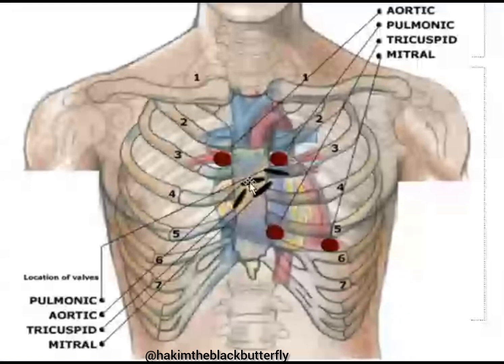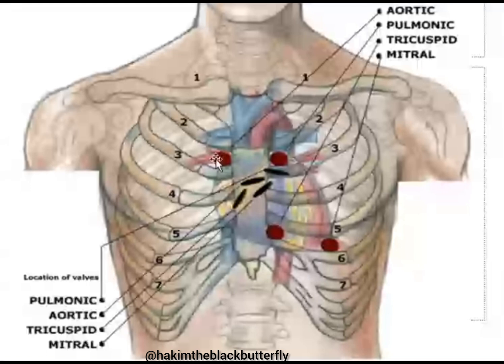The aortic valve, not the pulmonary, aortic valves. How does blood move through the aortic valve? Blood is moving from the left ventricle and it's going to the aorta like that. So where is the nearest intercostal space in the direction of blood flow? It is there.